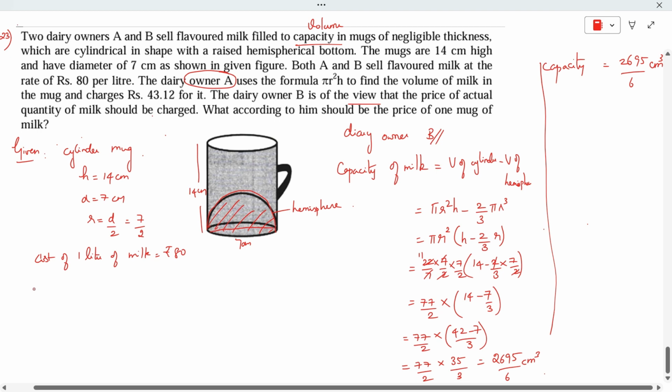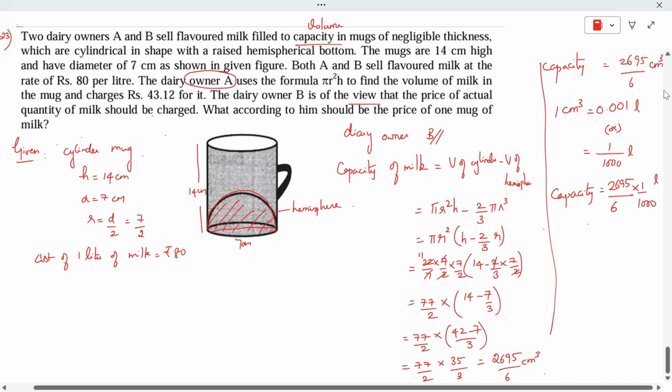But I know the cost of 1 liter of milk is rupees 80. So let me convert centimeter cube to liter. 1 centimeter cube is 0.001 liter, or I can specify it as 1 by 1000 liter. So converting the capacity in centimeter cube to liter, it will be 2695 divided by 6 into 1 by 1000.